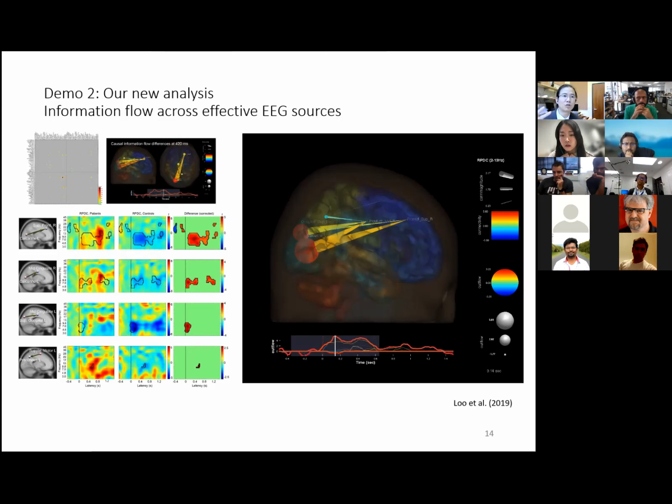So it should be responsive. But if this data says tic patients send an excessive amount of information flow to the frontal lobe compared with the control, then that may be related to the pathology, right? This is what's going on in the brain.